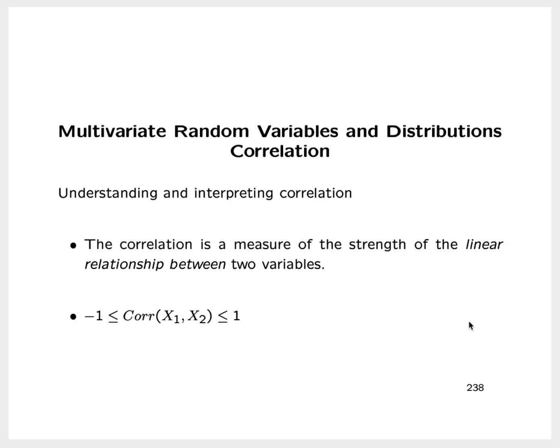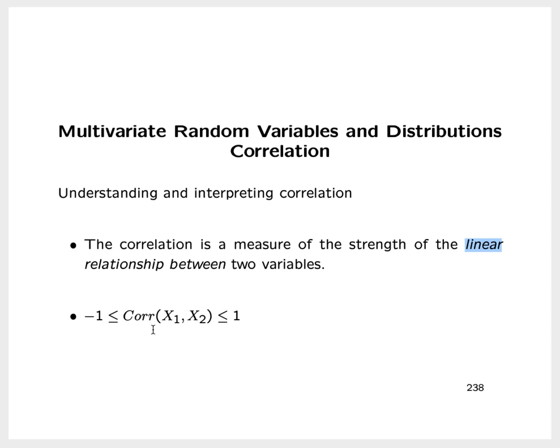Now, understanding and interpreting correlation. The correlation is a measure of the strength of the linear relationship between two variables. So, we're measuring the strength of a relationship, but not just any relationship. In particular, we're measuring the strength of the linear relationship between the two variables.